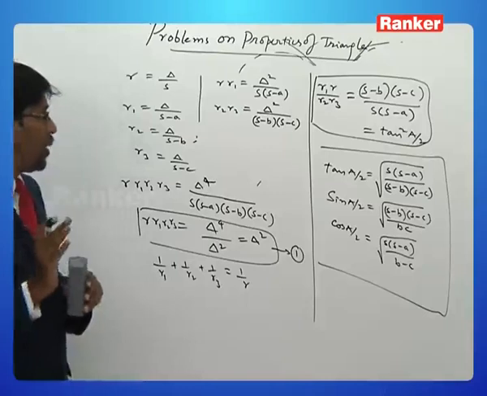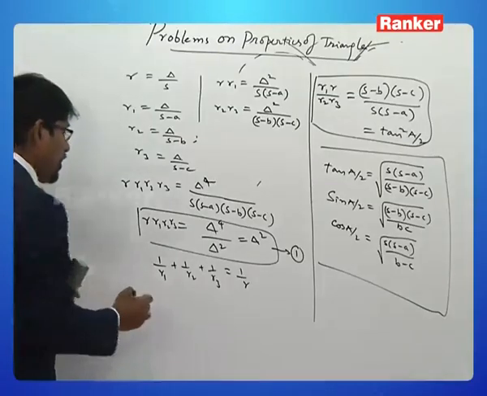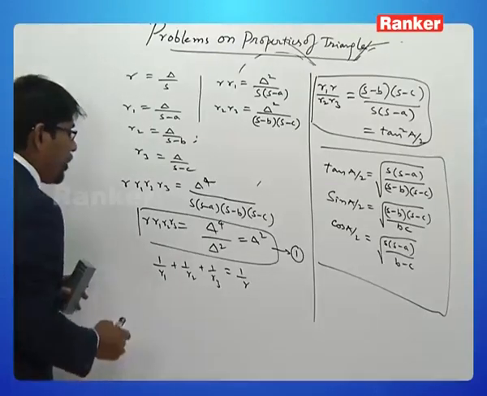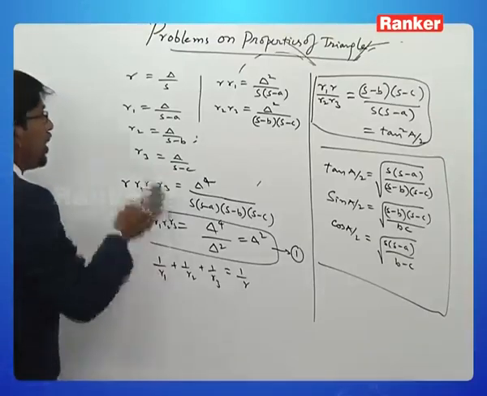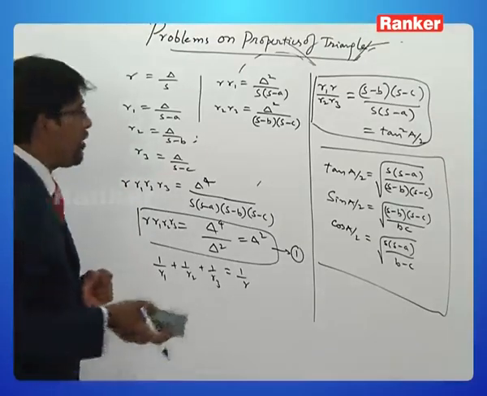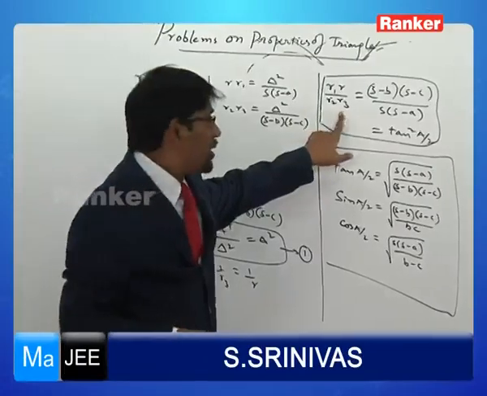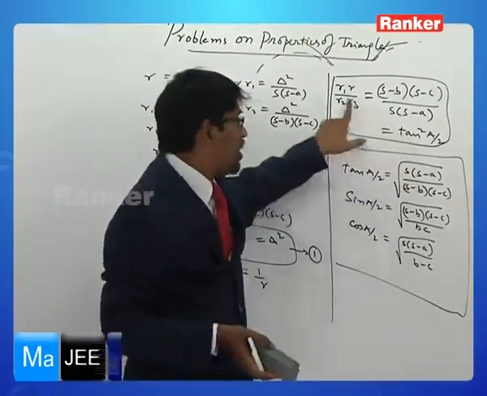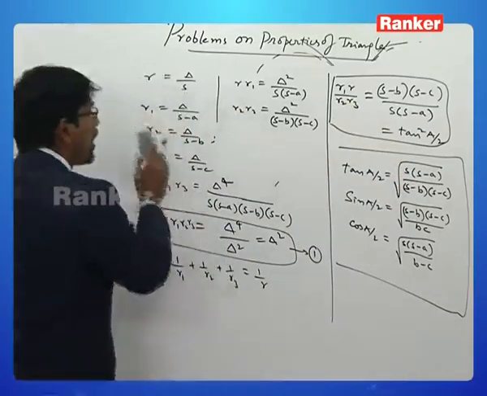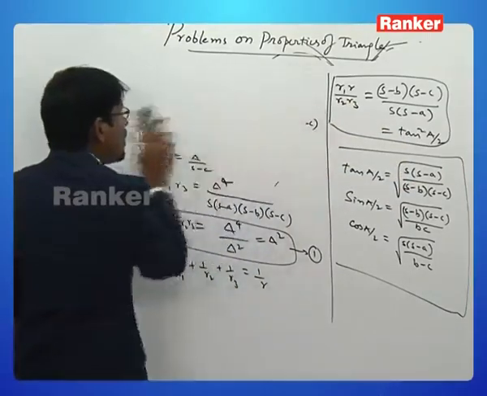This is a formula that we know. In this context, in the problem given, RR1 is equal to R2 R3, which means that tan square of A by 2 has to be equal to 1. So tan square of A by 2 is 1.